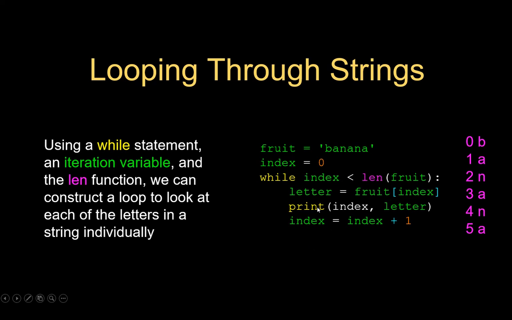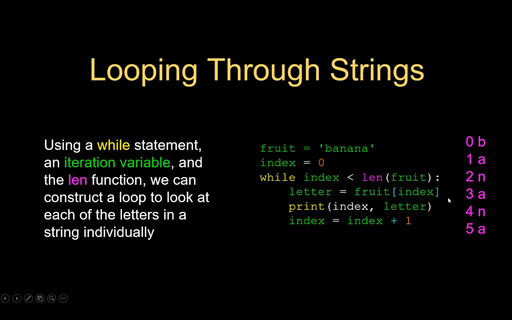So for 6 times we assign fruit square bracket index to the variable letter. Basically, we start from position 0, then 1, 2, 3, 4, 5, and position 0 is going to be B, and we print index, which in this case is 0, and the letter positioned at index 0.